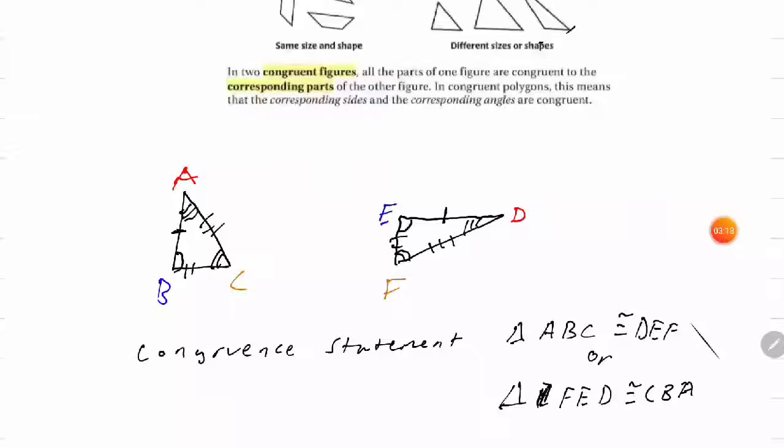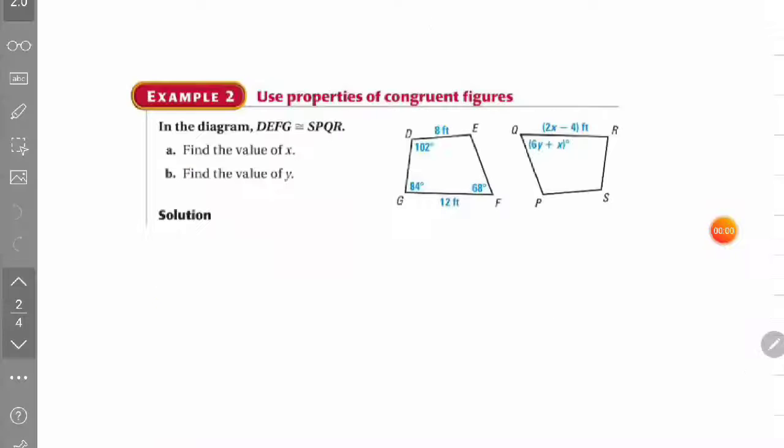Alright, let's move on to this next example. So in this example, we have DEFG is congruent to SBQR. So in order to find our X and Y, first thing we need to do is find X. So X is in the side length QR, so we need to find the corresponding side in the other picture.